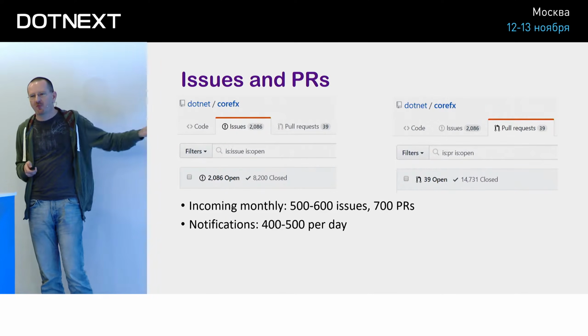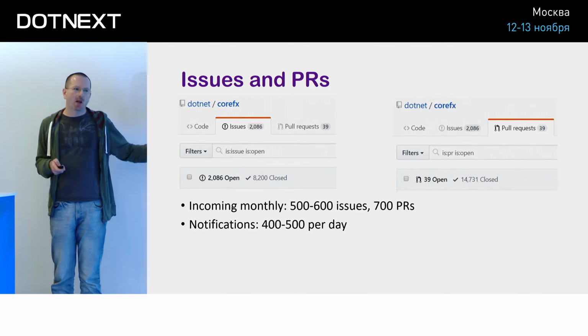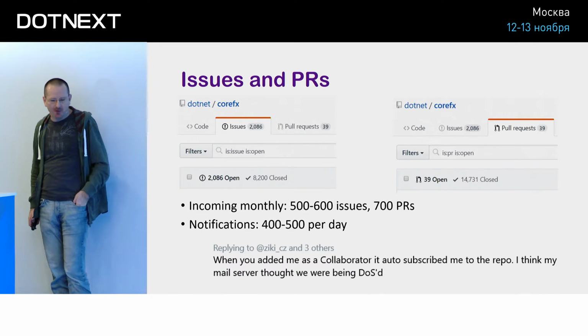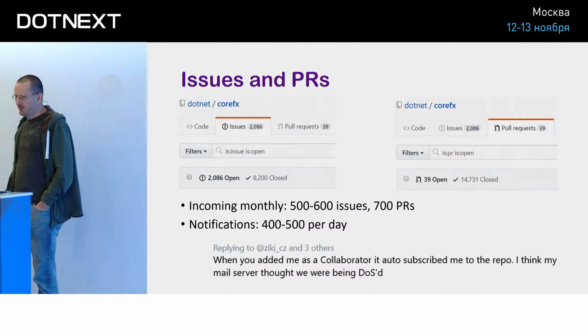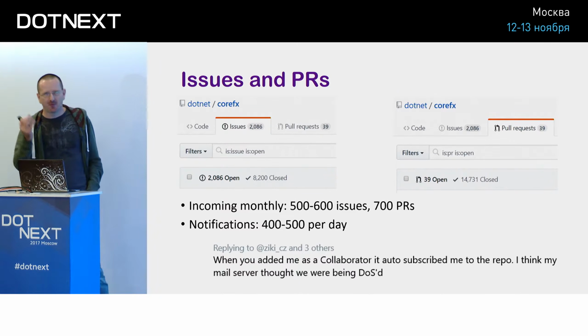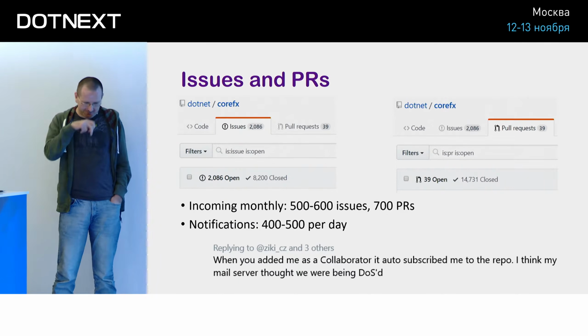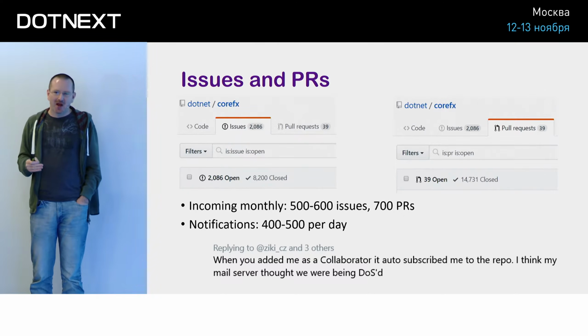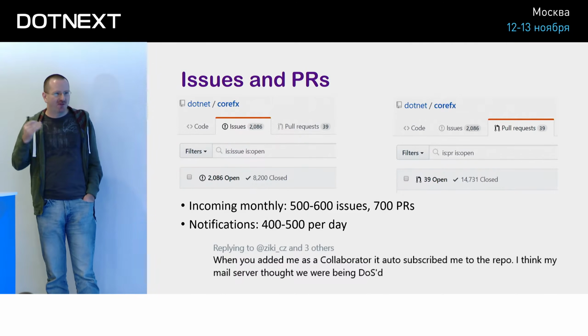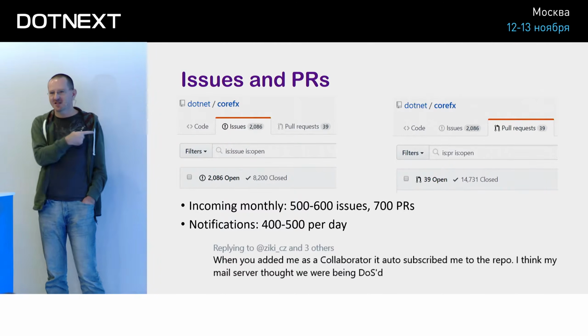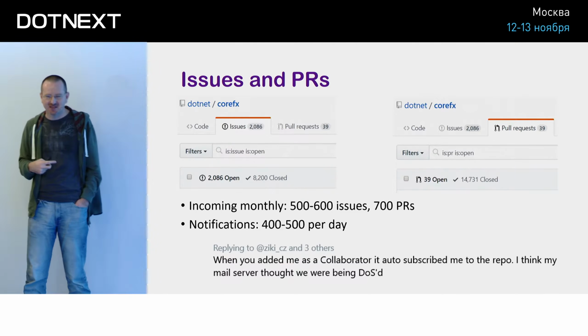It's roughly 400 to 500 per day. That's a lot. And as one of our key contributors mentioned when we added him as a collaborator, when you start getting all those notifications, especially via email, it feels like you've been DOSed, because it's really overwhelming.